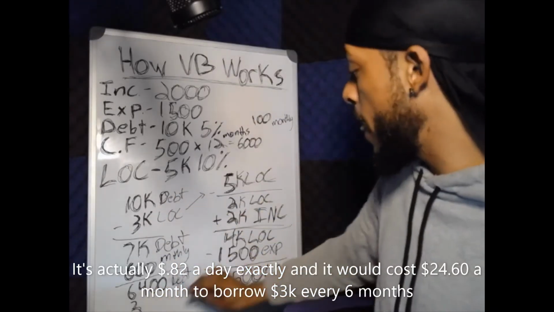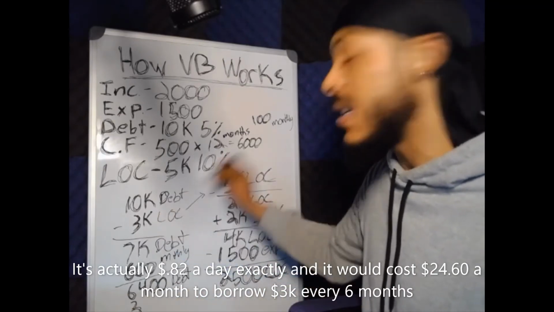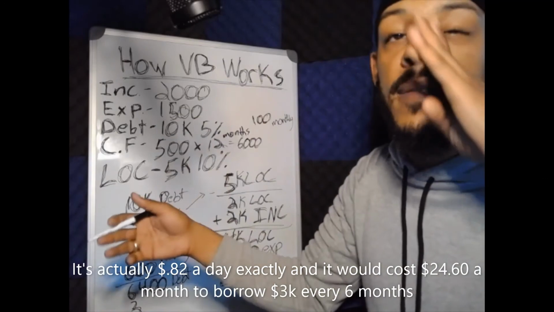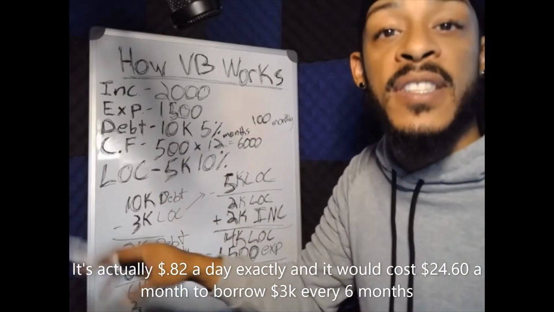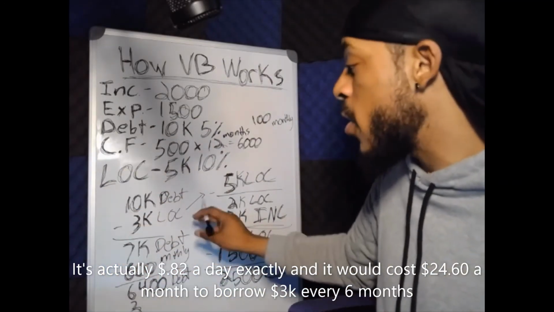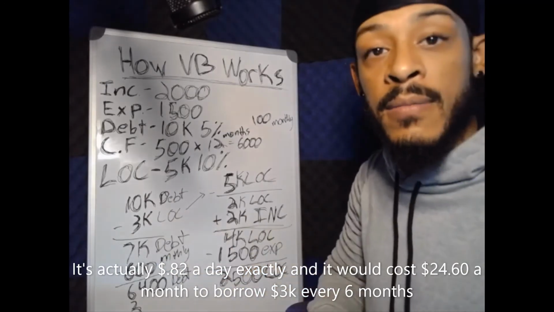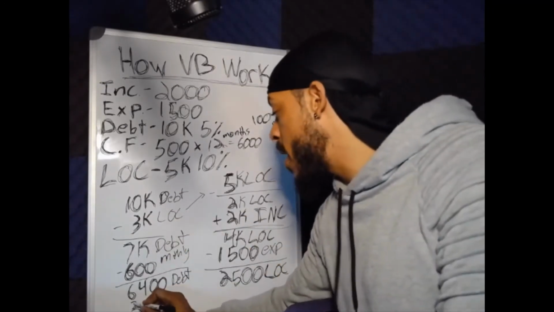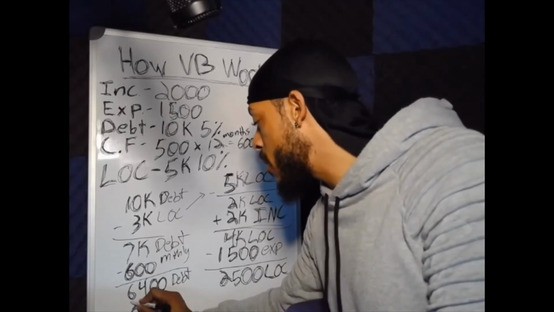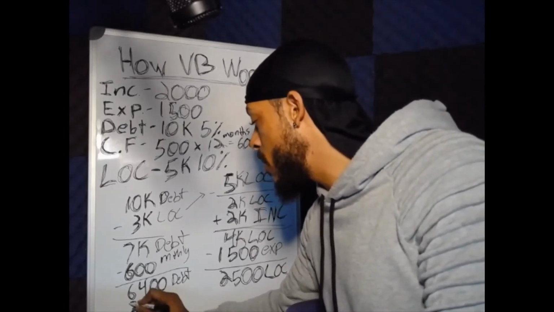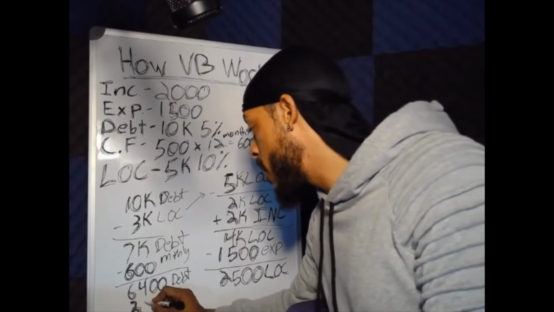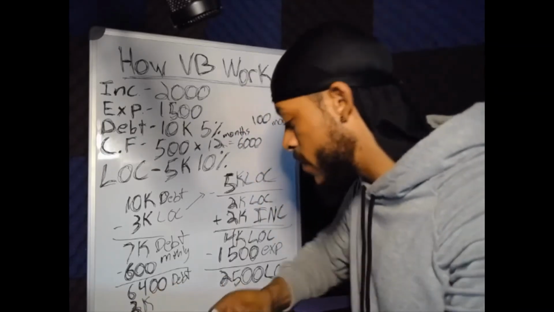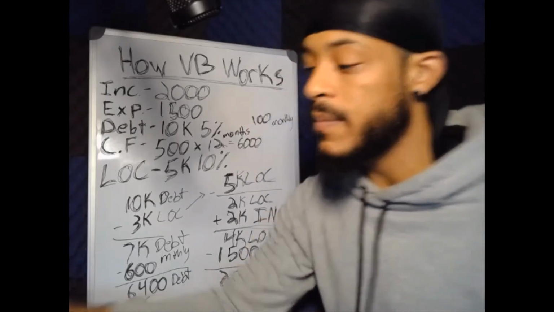So let's just say $1.80 a day, $1.80, $2, so $60. Let's just say $60 a month it costs you to take out your 3,000 max, right? So we're going to another chunk of 3K, right?